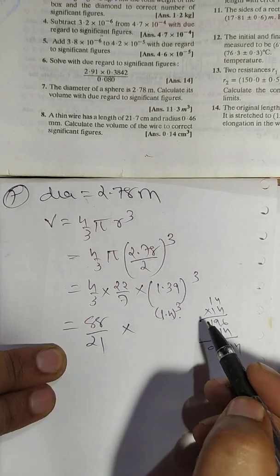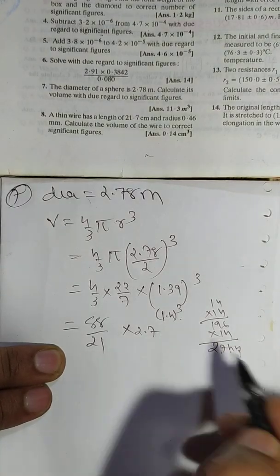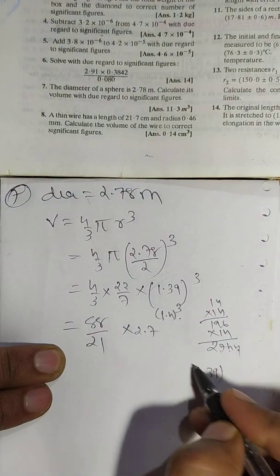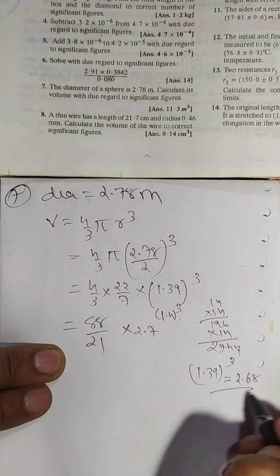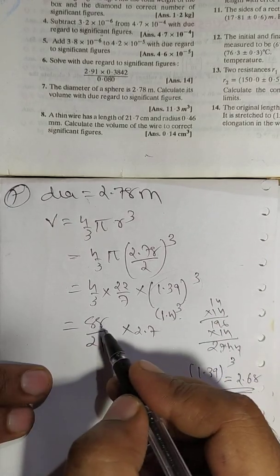So there were 3 decimal points, so 2.7. And if you do the same using a calculator, 1.39 whole cube, you will get 2.68. So you can see how close it is. Rounding off also helps.